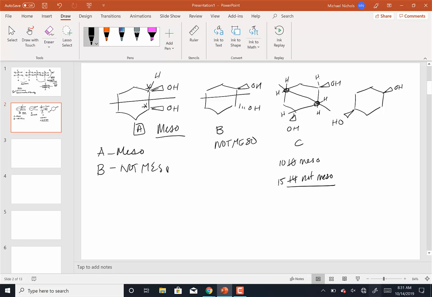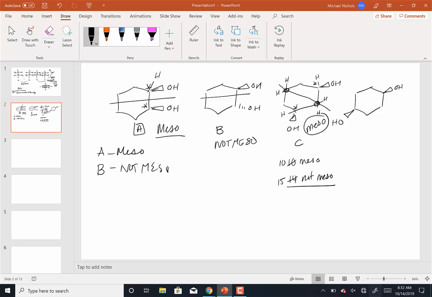And so CH2s cannot be chiral. CH3s can't be chiral. The only things that have the possibility of being chiral are CH and a quaternary carbon that has no hydrogens. So yes, that mirror plane cuts through those 2 carbons, but did it cut through my chiral carbons? No. So I still have 2 chiral carbons intact. I do have a mirror plane. So this one is meso.